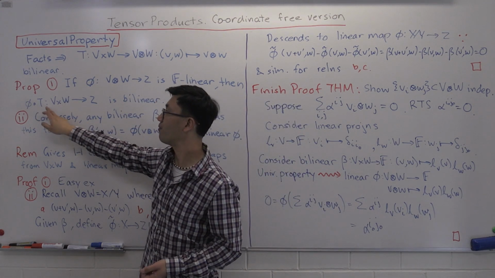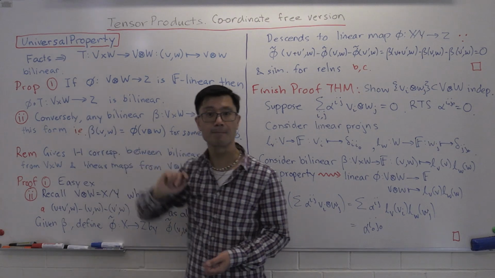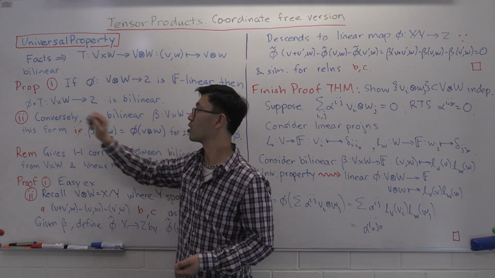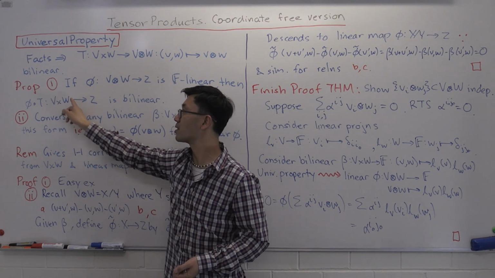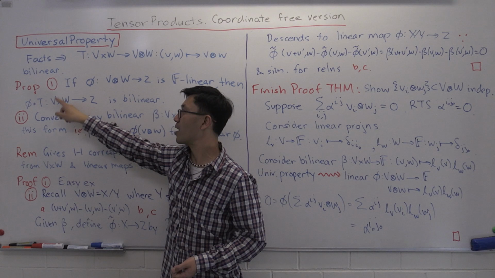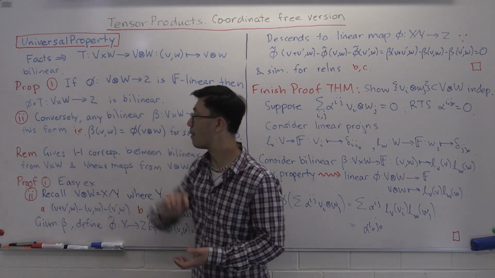So phi composed with T gets you from V cross W to Z. And that's actually now a bilinear map from V cross W to Z. So it's linear both if you fix the element of big V and you vary inside big W, or if you fix the element of big W and you vary inside big V.